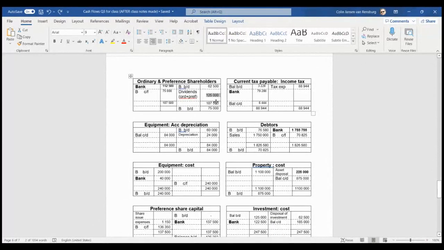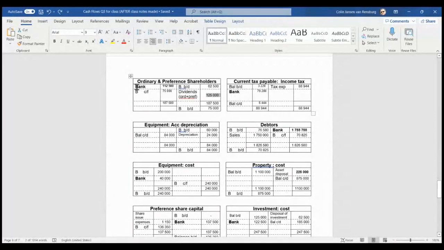So we would have credited this shareholders account. Now we've only got one outstanding figure, ladies and gentlemen. We've already conceptualized in our heads what it represents. It represents the payment of those dividends that we've declared, right? Either now or previously, it represents the payment.